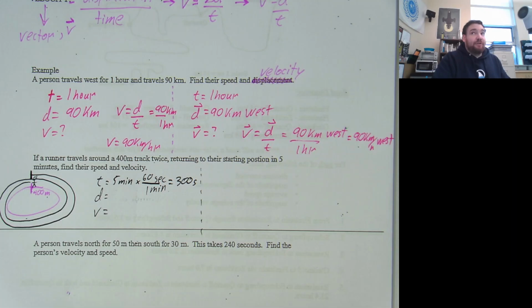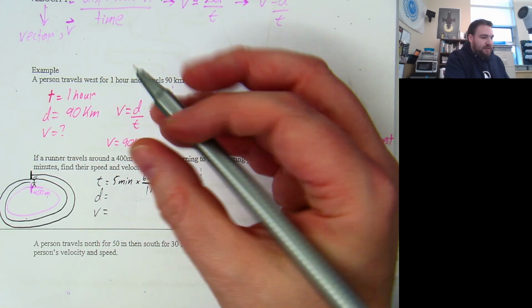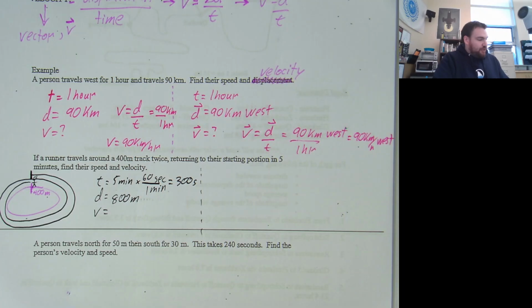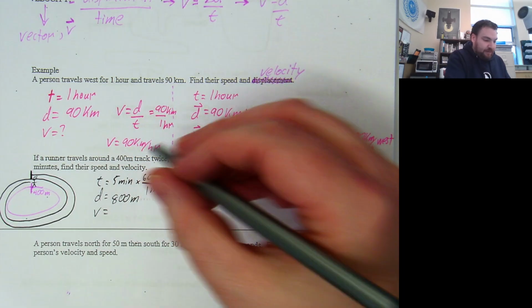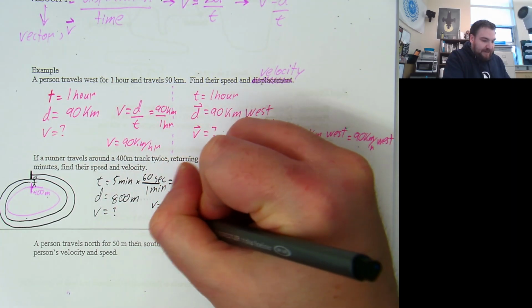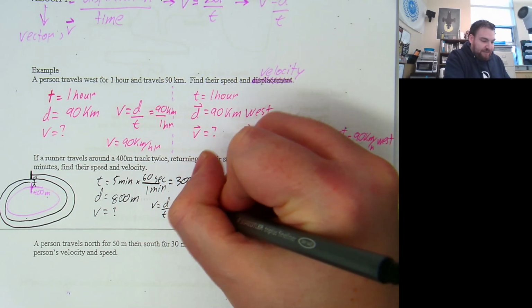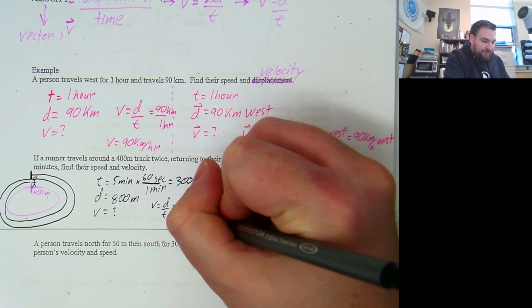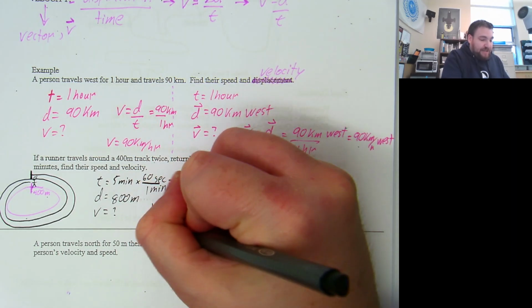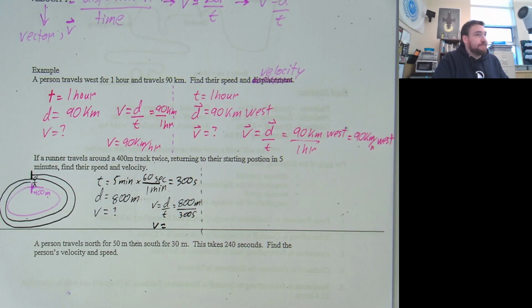The distance traveled is what? They went around a 400-meter track twice, so that's 800 meters. So then the speed is just going to be the distance traveled divided by the time it took. The distance traveled is 800 meters. The time taken is 300 seconds. So then the speed is what? What is that value?